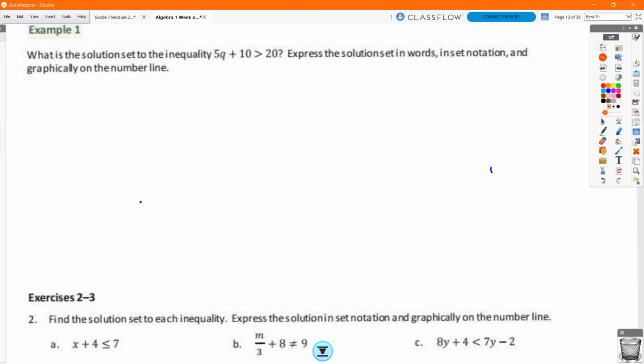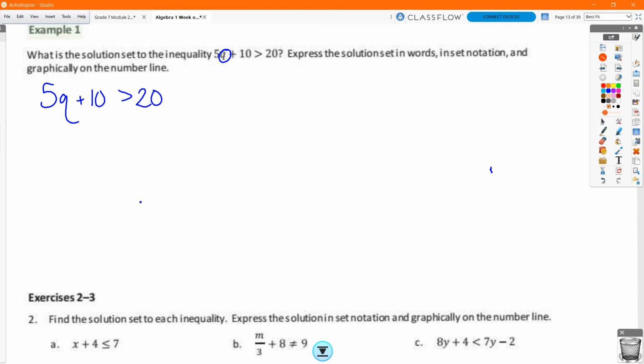So the first thing we're going to do is solve for the variable. What is the value of q? So 5q plus 10 is greater than 20. Well, the first thing I have to do is get rid of everything that is not attached to the coefficient, that is the variable. So we got to start getting rid of everything that we can.